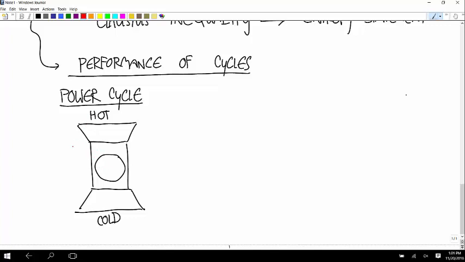Which direction does it go? Okay, so you have QH going that way. And what about QC? Which way does it go? Yep. And then what do we know about the work? What happens with work? Yeah, we're using the power cycle to produce work. So that's the direction of all those changes in energy.